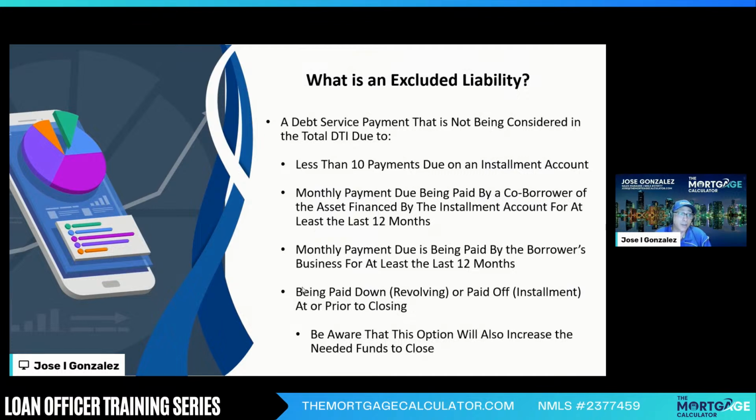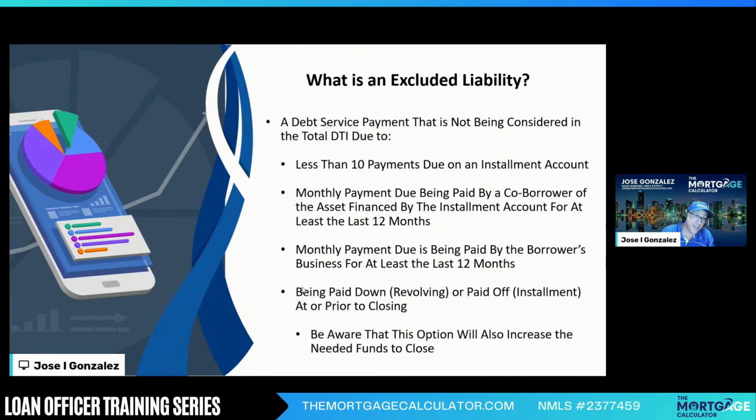And another excluded liability is when you have a revolving account and a credit card that is being paid down, or an installment account that is being paid off at or prior to closing. Now, be aware that if this is the option chosen, the cash to close, or the needed funds for closing, doesn't have to be cash.